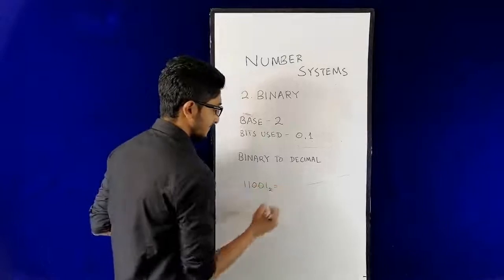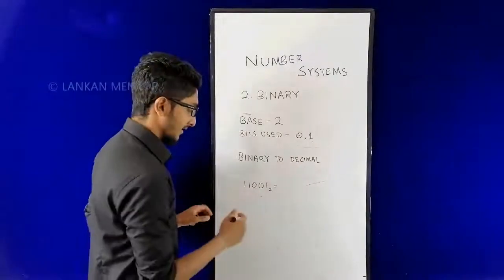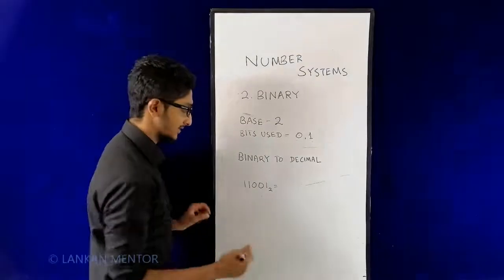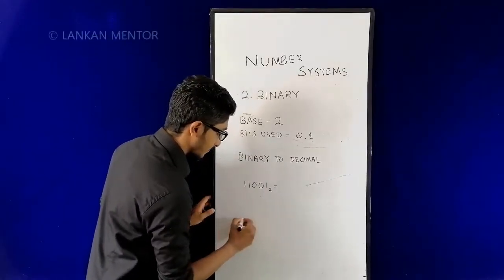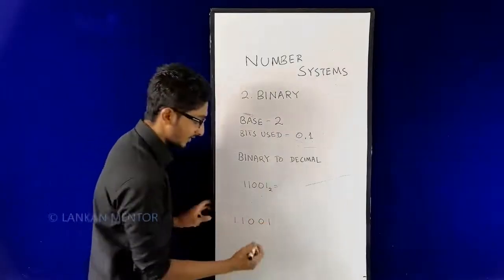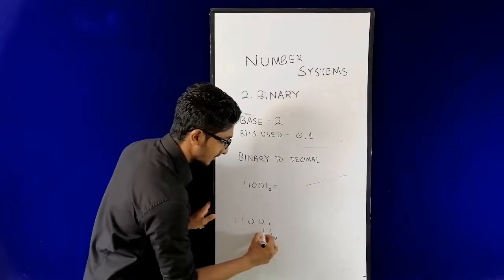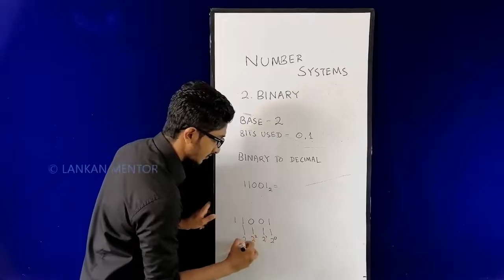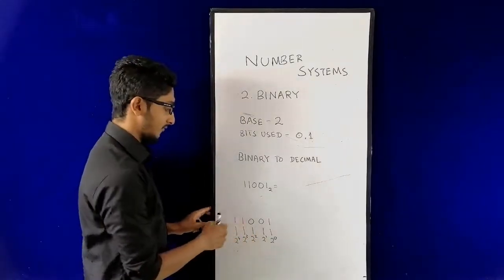Now first, we have to do the abacus thing. Can you remember? Now we have to put these things into small parts like this. Now if we have 1, 1, 0, 0, 1, the same number I have written down, you can write like this: 2 to the power 0, 2 to the power 1, 2 to the power 2, 2 to the power 3, 2 to the power 4.